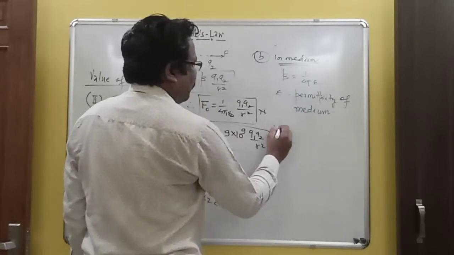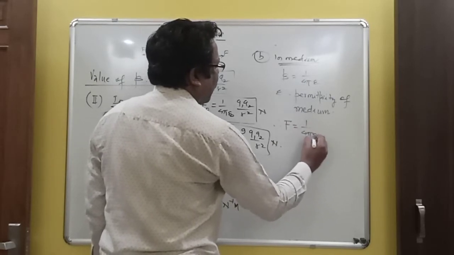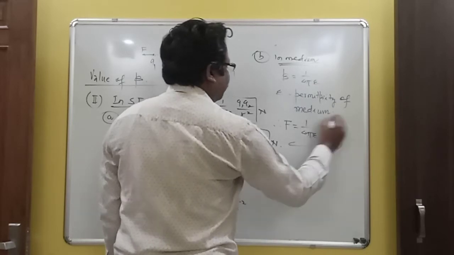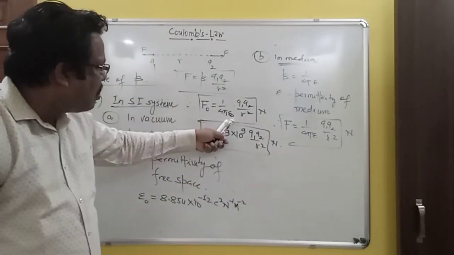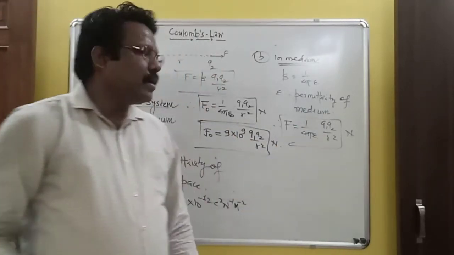So therefore the force would become F equals 1 upon 4 pi epsilon Q1 Q2 by R square Newton. Earlier in vacuum it was 1 upon 4 pi epsilon naught. Now in medium it is 1 upon 4 pi epsilon Q1 Q2 by R square.